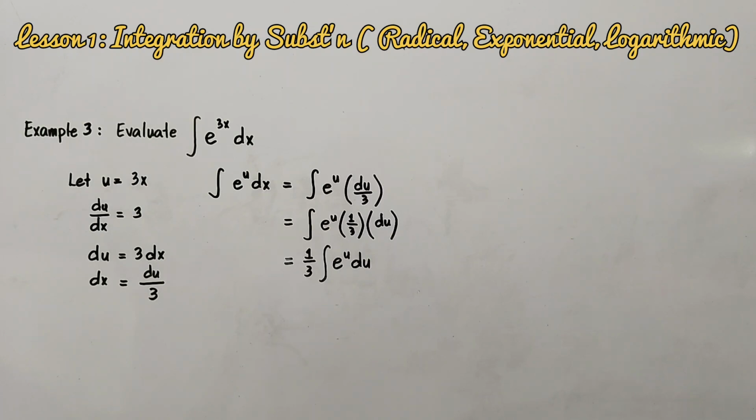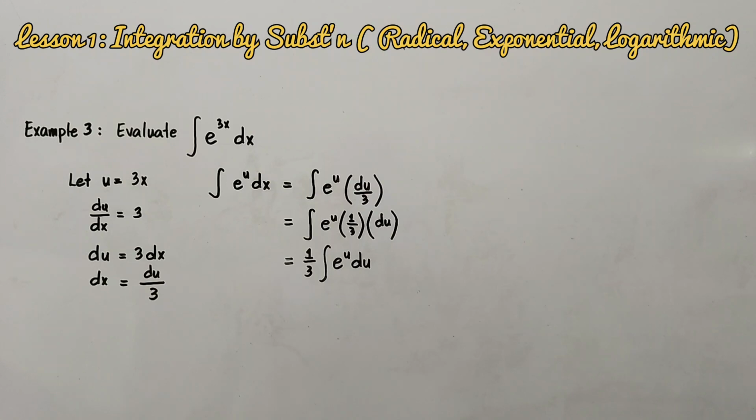By letting u equals 3x, our integral becomes the integral of e power u dx. And that is equal to the integral of e power u, substituting dx by du over 3. So we have e power u times 1/3 times du. Getting 1/3 as a constant, we have 1/3 times the integral of e power u du.